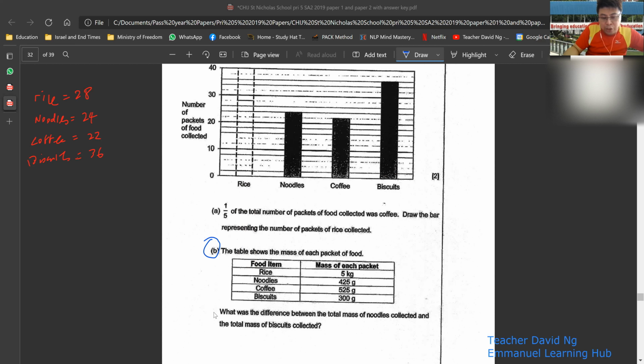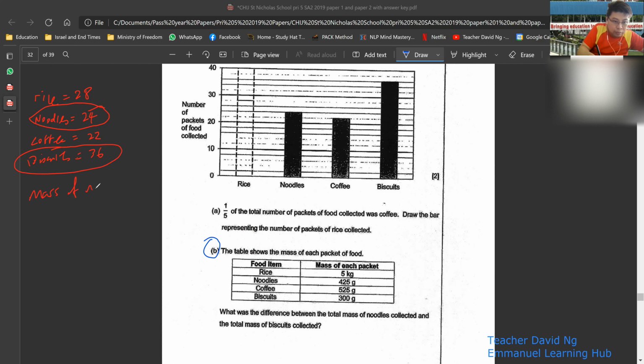Okay, what was the difference between the total mass of noodles collected and the total mass of biscuits collected? Okay, they are only asking noodles and biscuit. The rest I can ignore. So the mass of noodles, right?